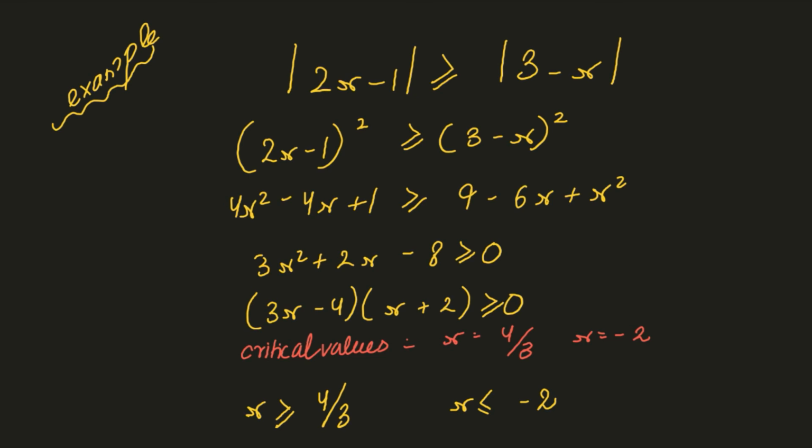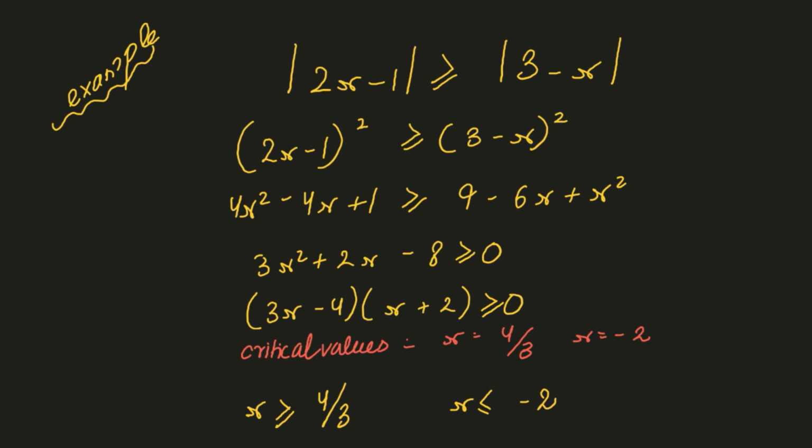Since this is a situation where the greater than sign is used, this is how you will write it: x is greater than or equal to 4 upon 3, which is the larger value, and x is less than or equal to minus 2, which is the smaller value. If in this situation there was a less than or equal to 0 sign, then you would have written minus 2 is less than or equal to x, and x is less than or equal to 4 upon 3.